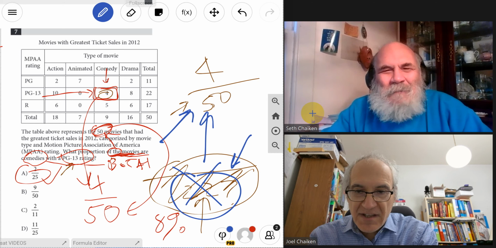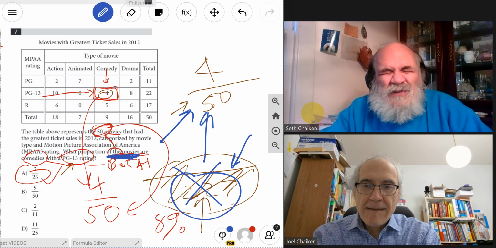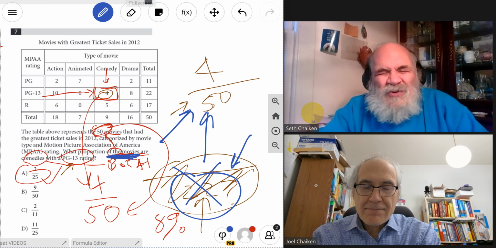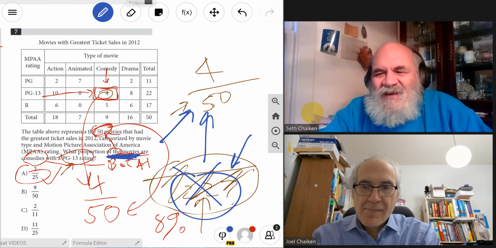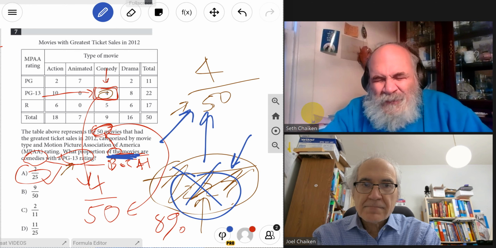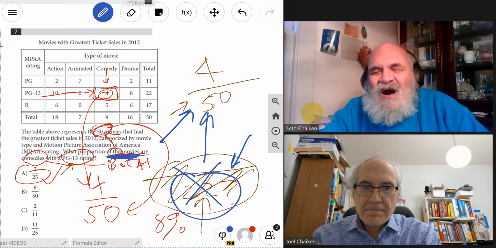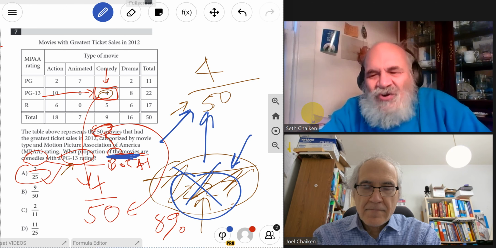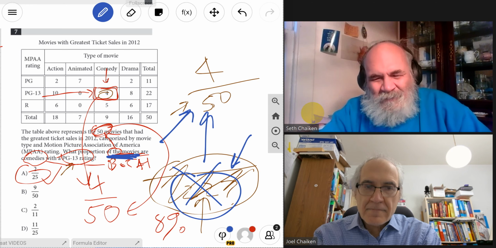Yeah. The key is the word of the movies. Yeah. So many. I think we see that in many of these SAT questions. One of the tricky things they do with SAT questions is give you more data than is needed to answer the question, and they also give you data to which many other questions that you've been taught in school apply.